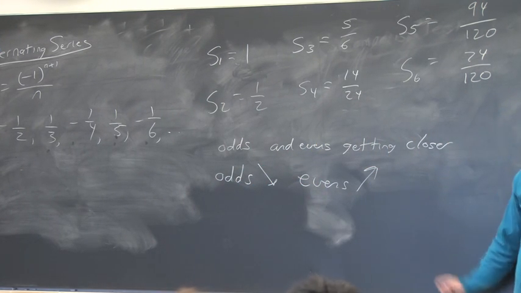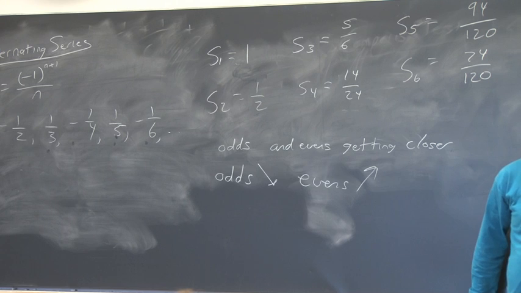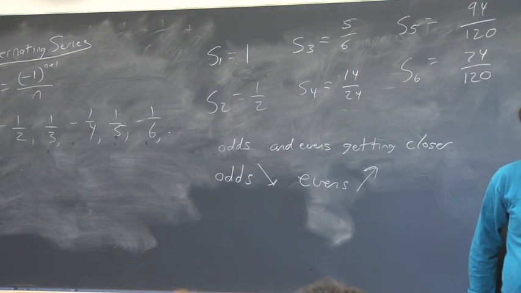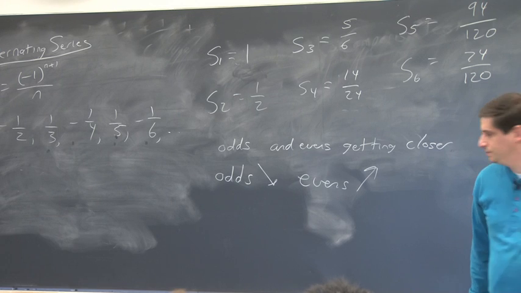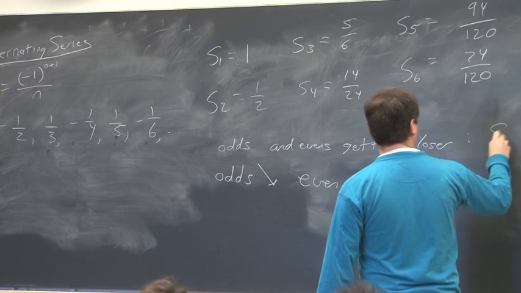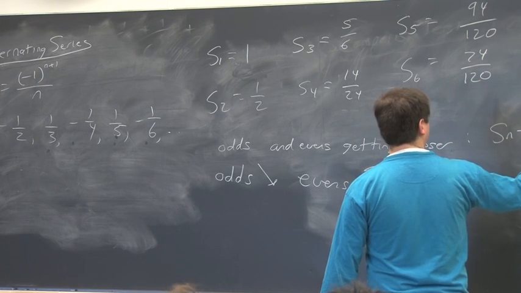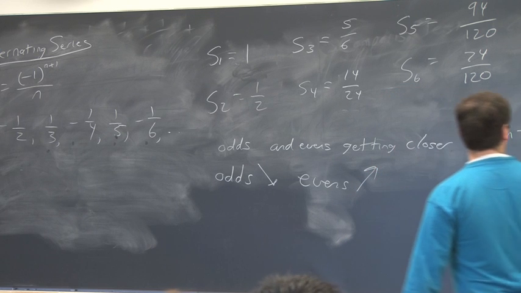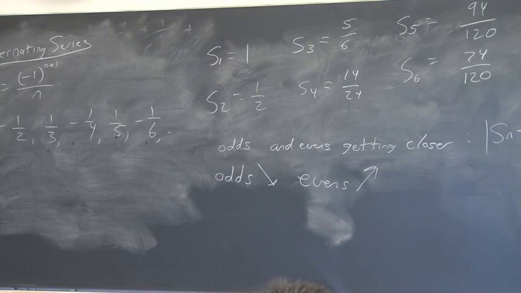Okay? Now the other thing which was noticed is that the odds and the evens are getting closer to each other. How far apart are the odds and the evens? Well, Sn minus Sn minus 1 is 1 over n. Right? The difference between the odds and the evens is just one more term.